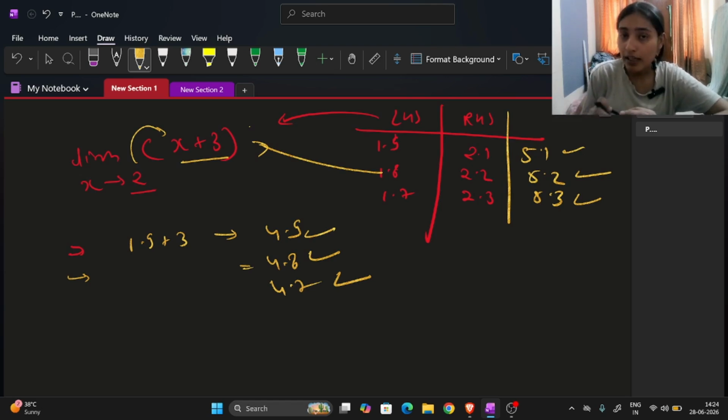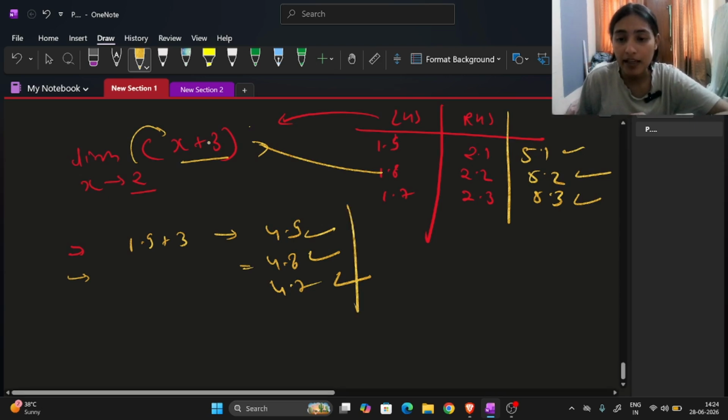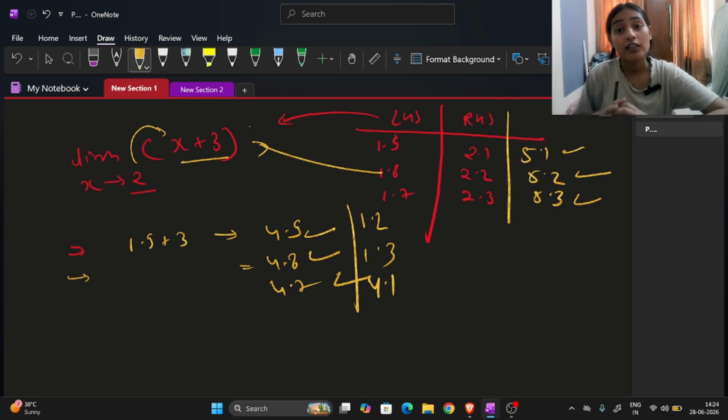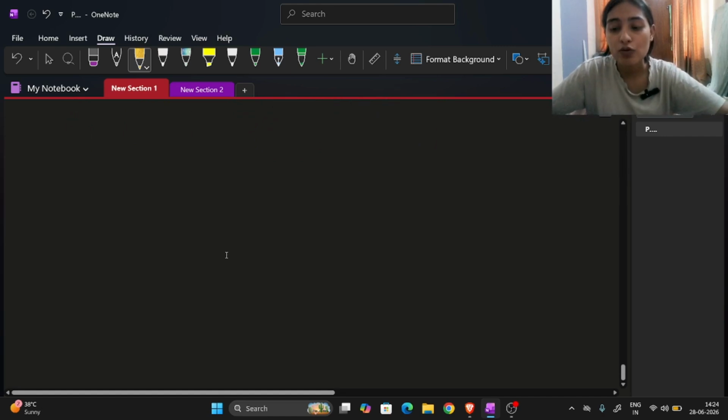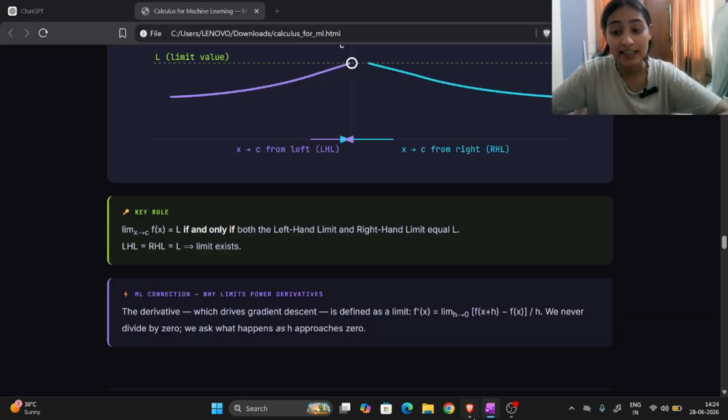In a limit we are looking at the closer points. So it is closer to 5, which means the limit exists. When there are numbers like 1.2, 1.3 and 4.1, which are not close but far away, that means the limit does not exist. So this is the significant rule to find out if the limit exists or not.